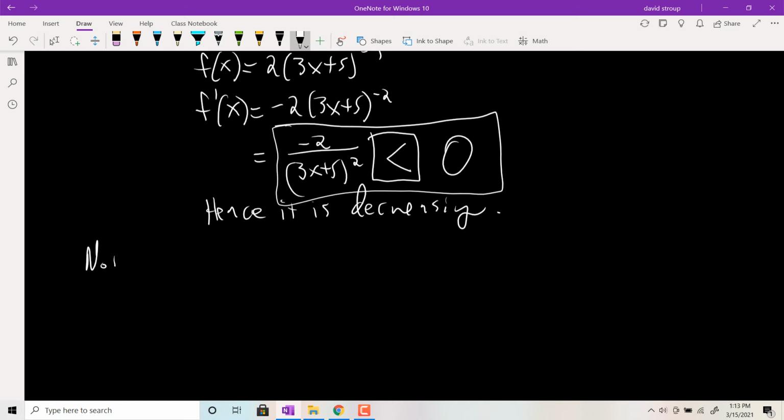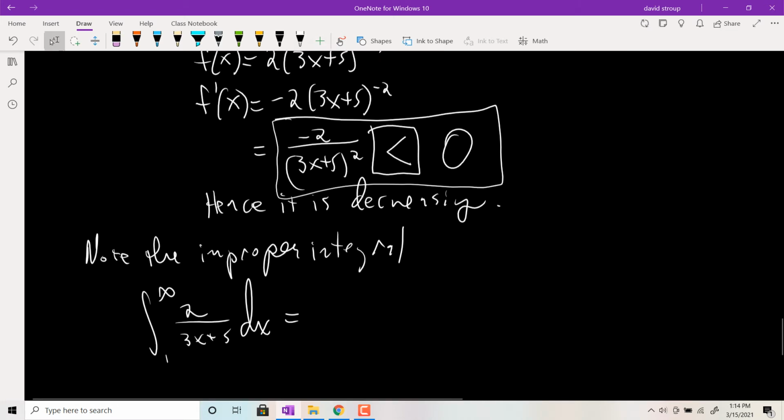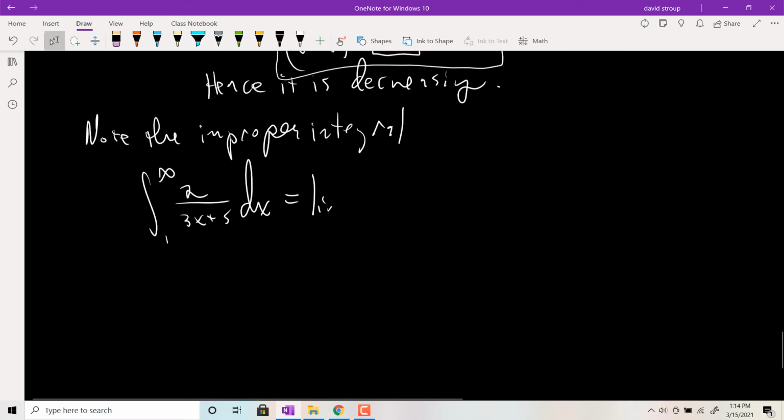So note the improper integral. The integral of 2 over 3x plus 5 from 1 to infinity of dx is, and here you can drop the integral symbol and take a limit as b approaches infinity, going from 1 to b.